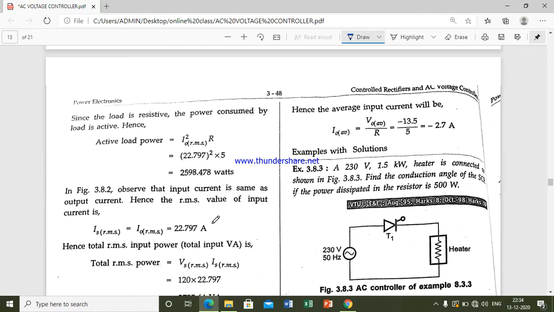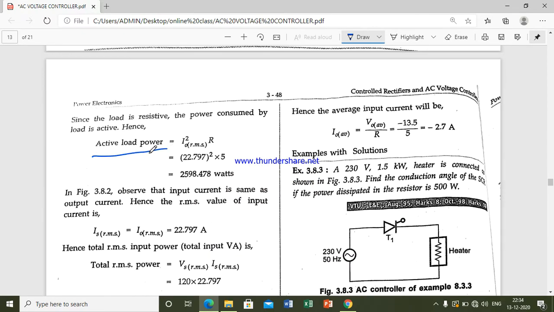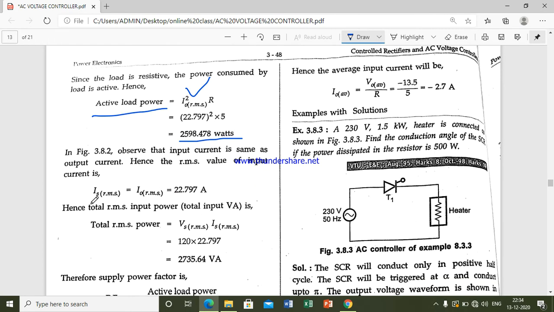From this you will get the active load power P equal to I square into R. You will get active load power as 2598.47 watts. Next you will get Is RMS, which is I naught RMS, as 22.79 amps.